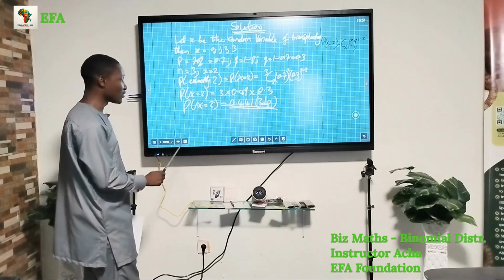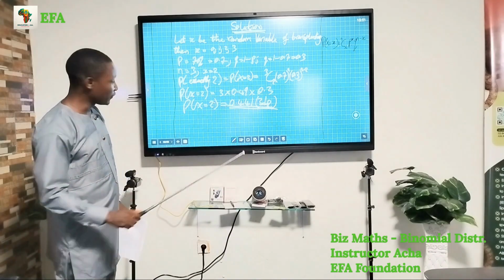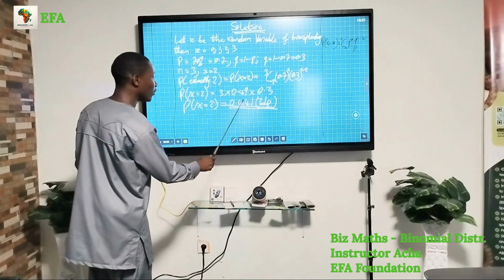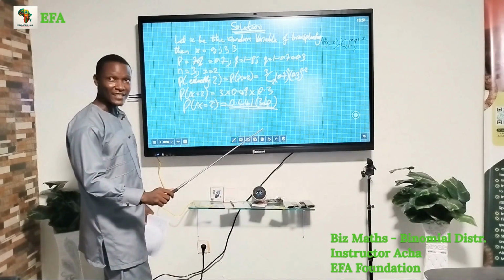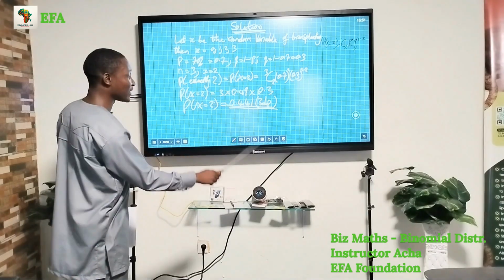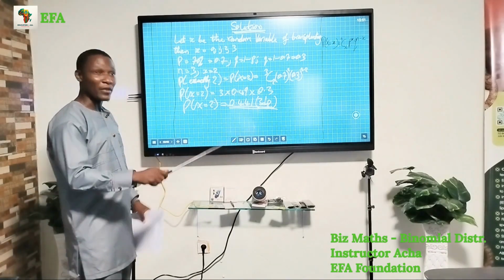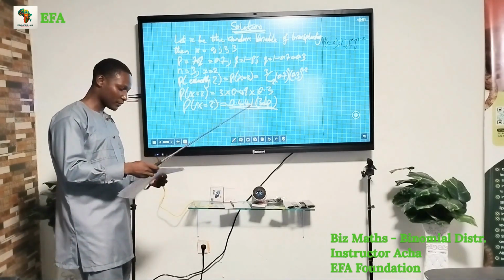This therefore gives us the probability of exactly 2 plants living as 0.441. This simply means that it is about 44% certain that after transplanting, exactly 2 of the plants will live.